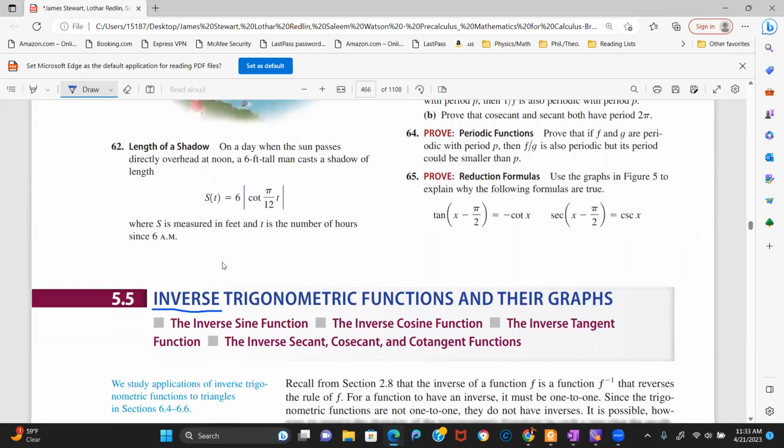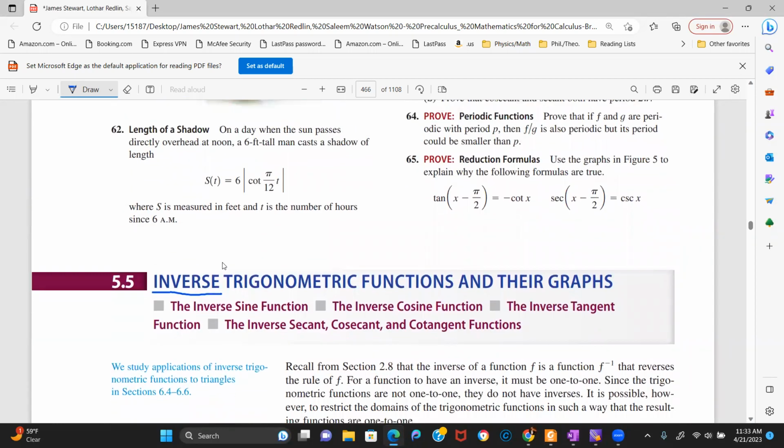Remember, the kind of functions we look at have an inverse if and only if the graph satisfies the horizontal line test. So these graphs definitely don't satisfy the horizontal line test.